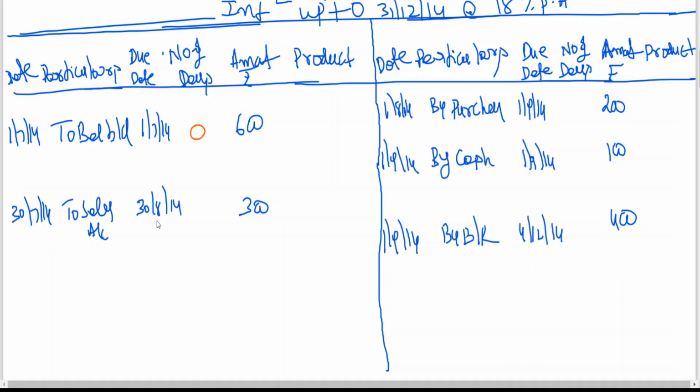You have to calculate from due date to opening date. What is opening date? 1st July. August, how many days? 30. July, how many days? 31. That's it, 61 days.